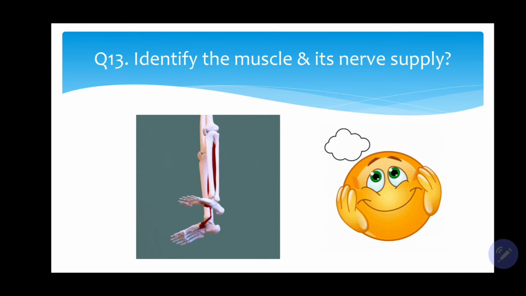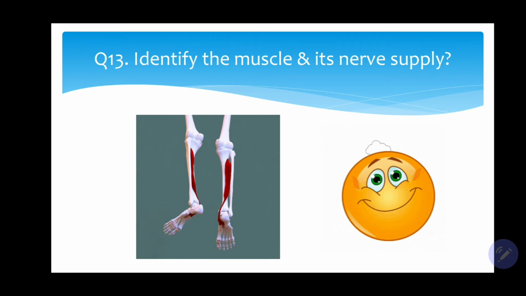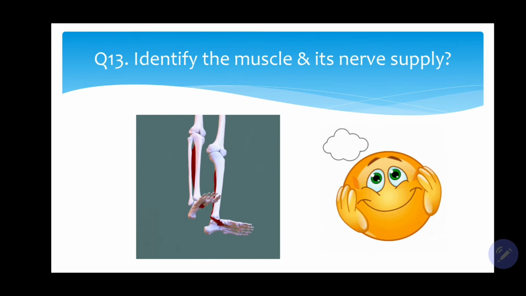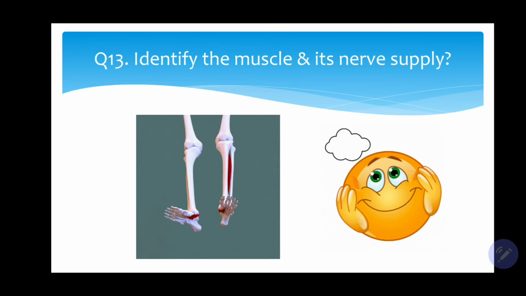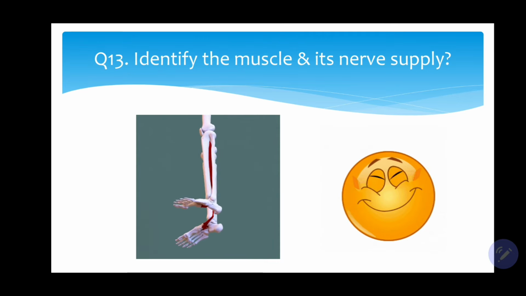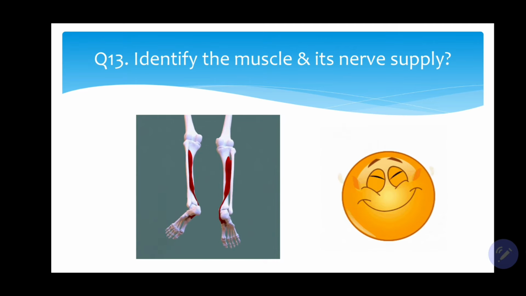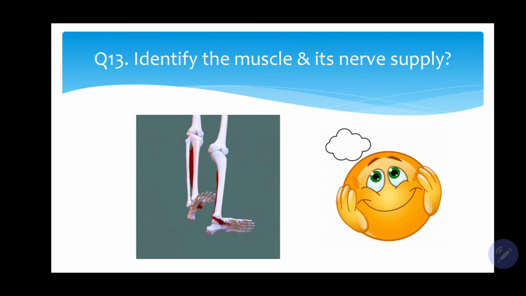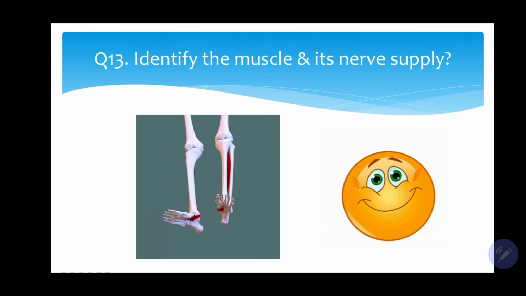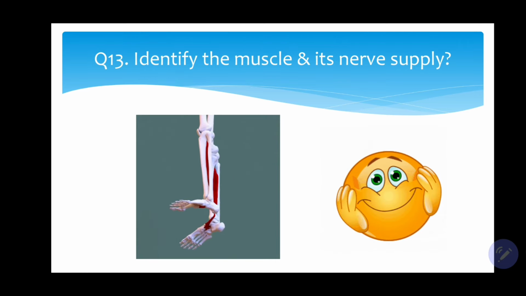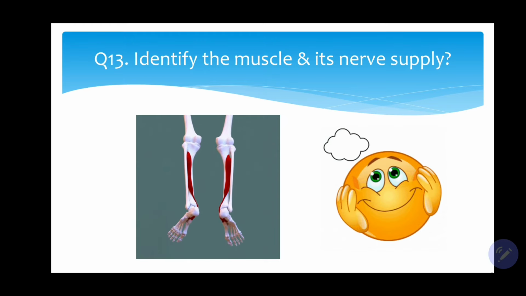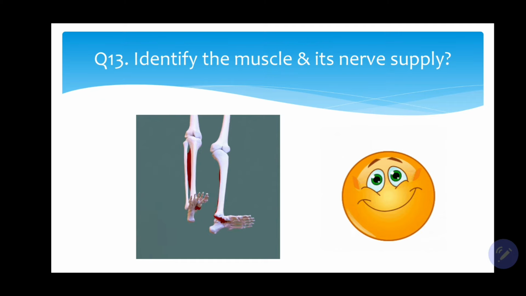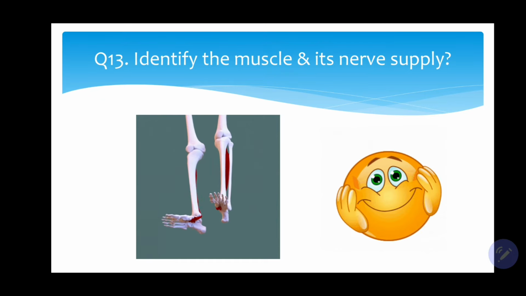So remember that before passing through the flexor retinaculum, flexor digitorum longus crosses medial to lateral to this tendon of tibialis posterior. After crossing the retinaculum, it will cross flexor hallucis longus, right? So it means this tendon you are seeing is passing here, it is being crossed by flexor digitorum longus.